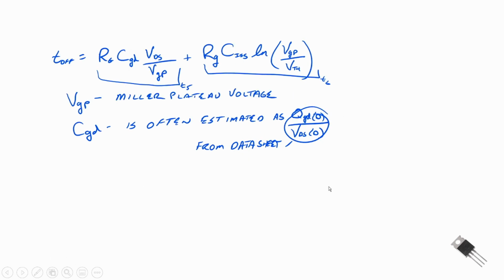Likewise, our T6, because our plateau and threshold are nearly identical, will be near zero as well. And so most of the time we'll be ramping down and we'll be at the Miller plateau voltage for our gate to source voltage. So that's the turn on and turn off for the MOSFET. Again, we're going to assume 21 nanoseconds when we do the efficiency calculations.